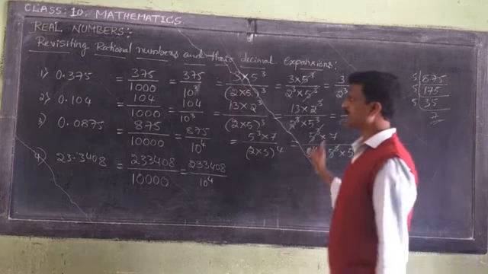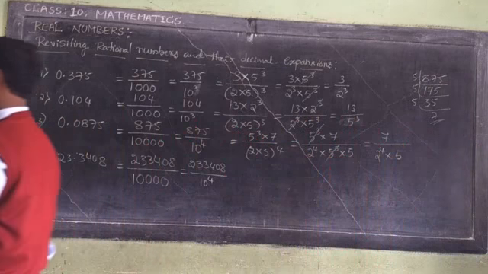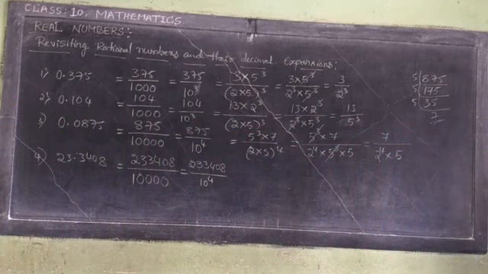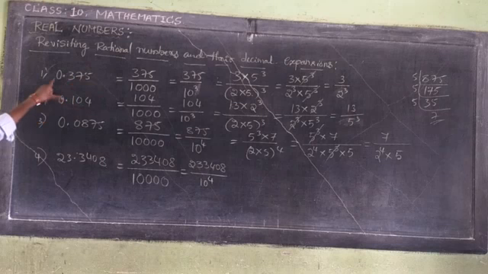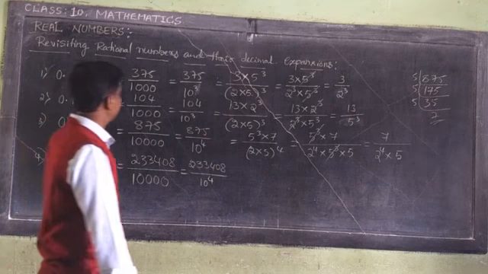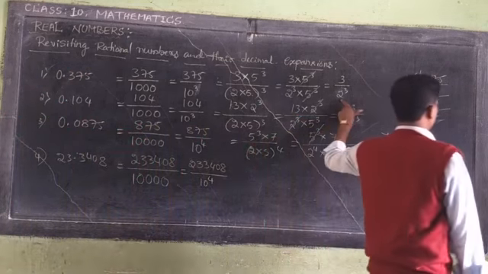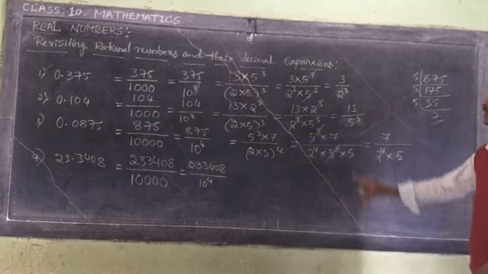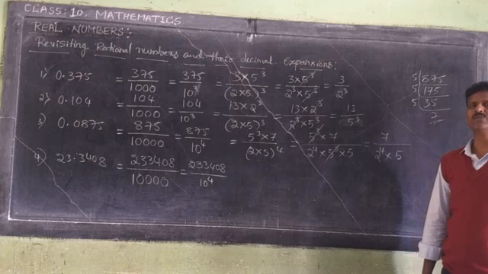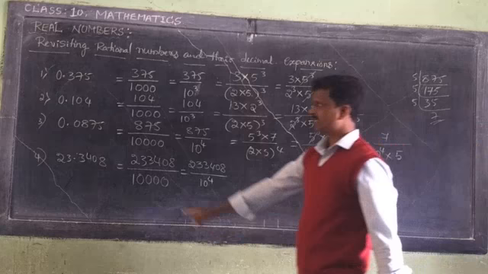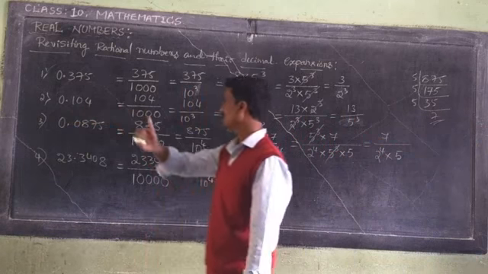Just observe these examples. This is a terminating decimal expansion. In this terminating decimal expansion, the denominator is in the power of 2. And this is also a terminating decimal expansion.